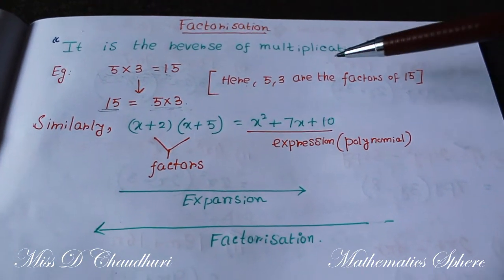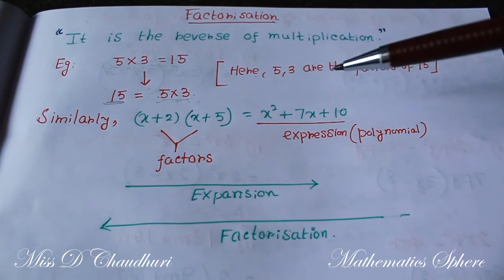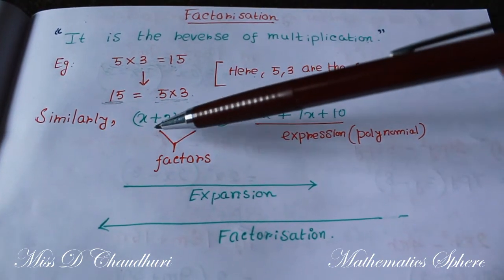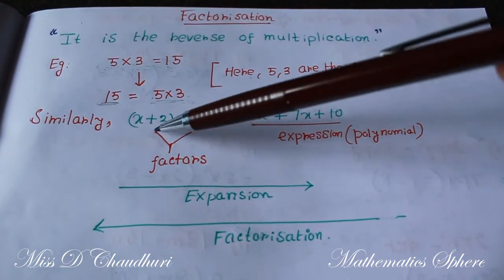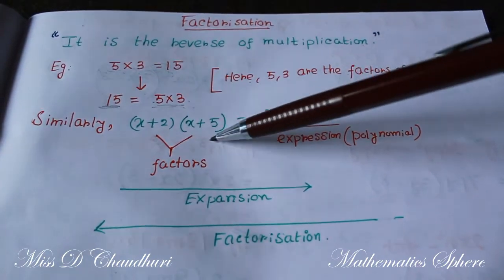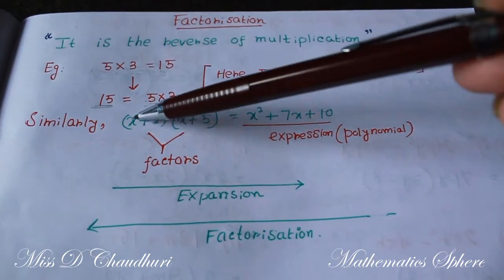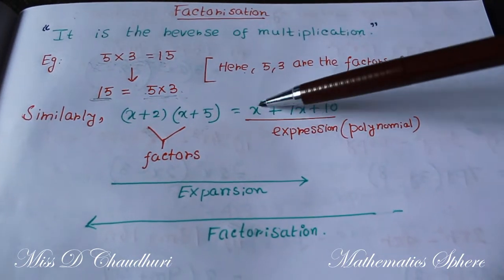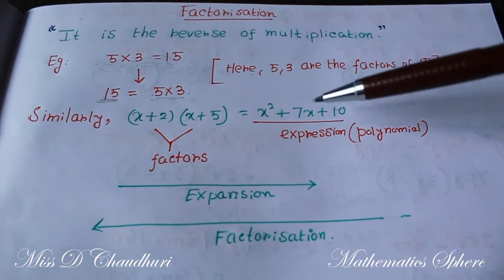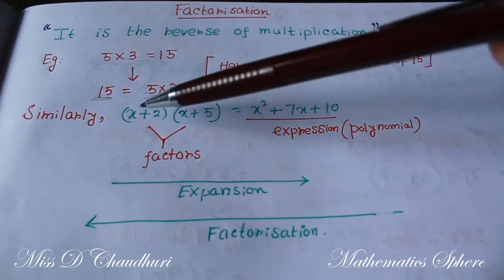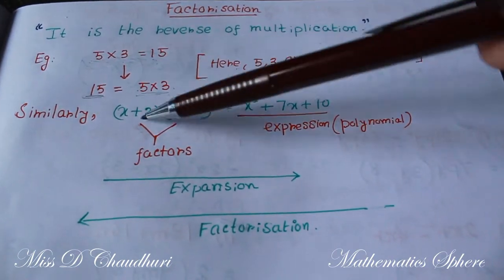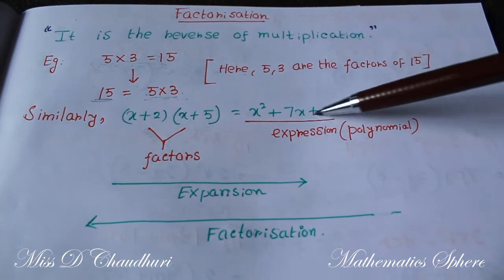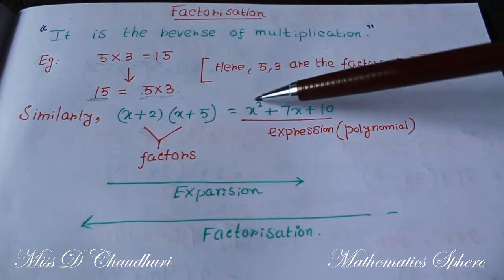Now if we consider algebraic terms, for example, when you multiply x plus 2 and x plus 5, these two linear factors, why I am calling them linear, because they have power 1 and 1, you get this polynomial x square plus 7x plus 10. That means these two factors multiply to give this bigger polynomial, a polynomial of degree 2.